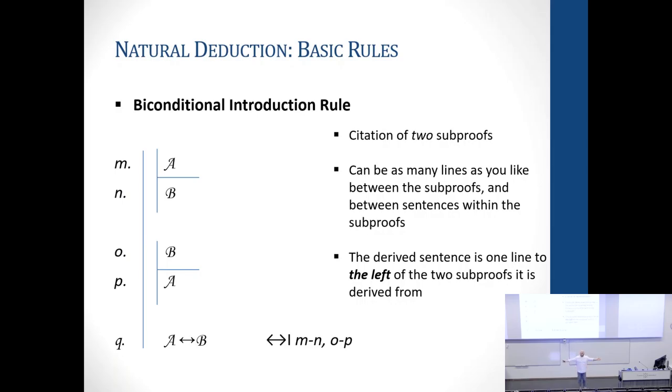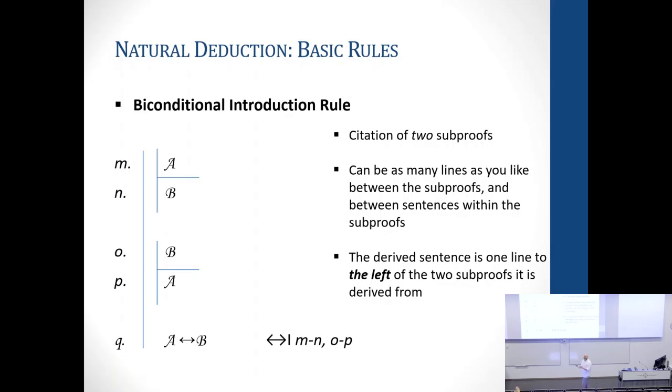Biconditional is just conditional twice. To get the biconditional, what you need is 2 subproofs. One that starts with the left and ends with the right, and one that starts with the right and ends with the left. Effectively, it's literally just introducing the conditional both ways.